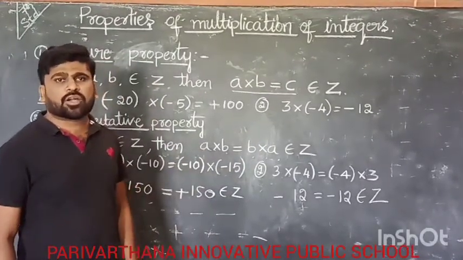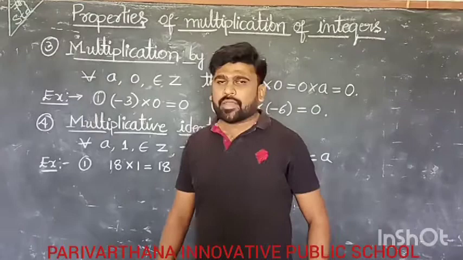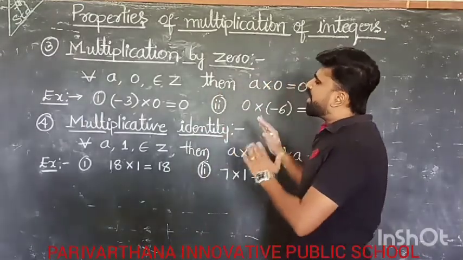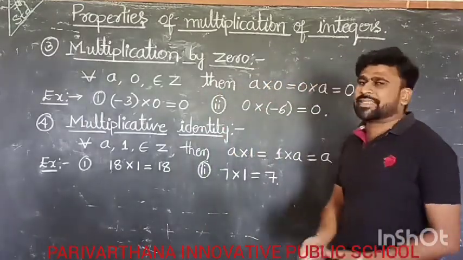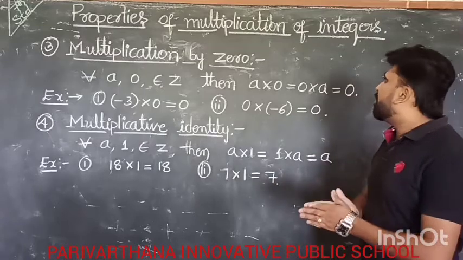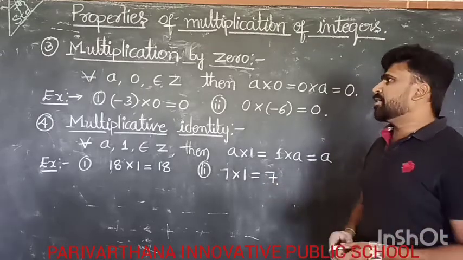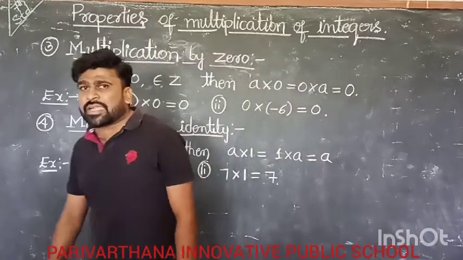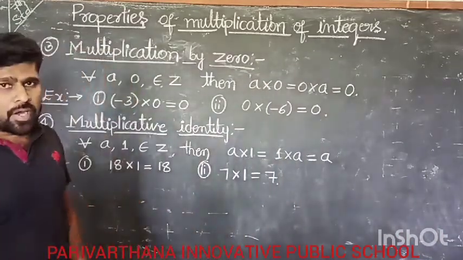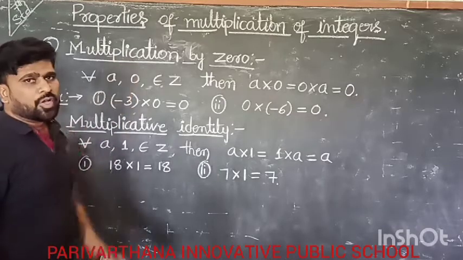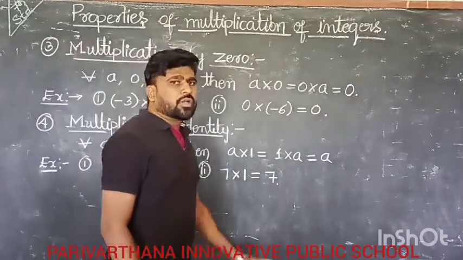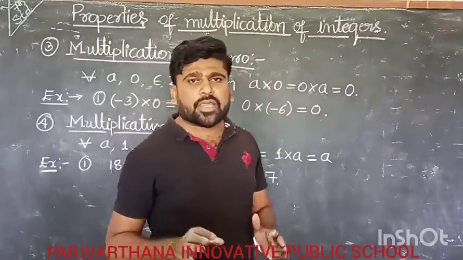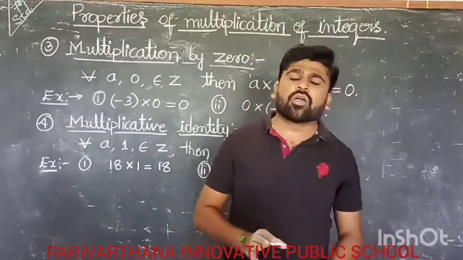Next we are moving on to the third and fourth properties regarding the multiplication of integers. The third property is multiplication by 0.